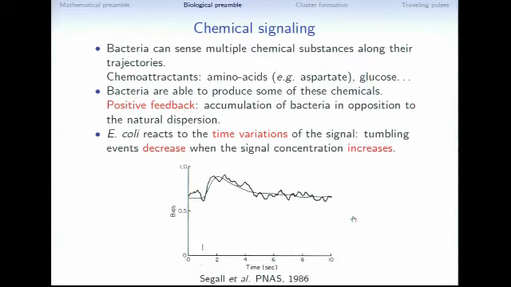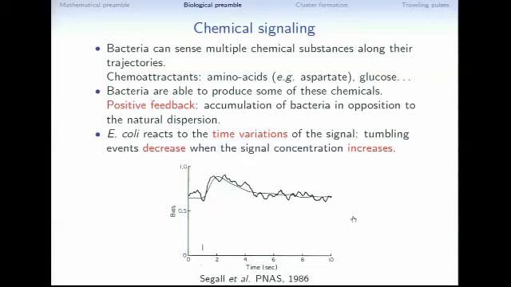And then what happens if you put this bacterium in a bath which contains some chemical signals, and in particular a gradient of chemical, so a heterogeneous concentration of a chemical. What happens is that the bacterium can sense chemical substances, and so it senses chemical species along the trajectories. It could be either attractant or repellent.